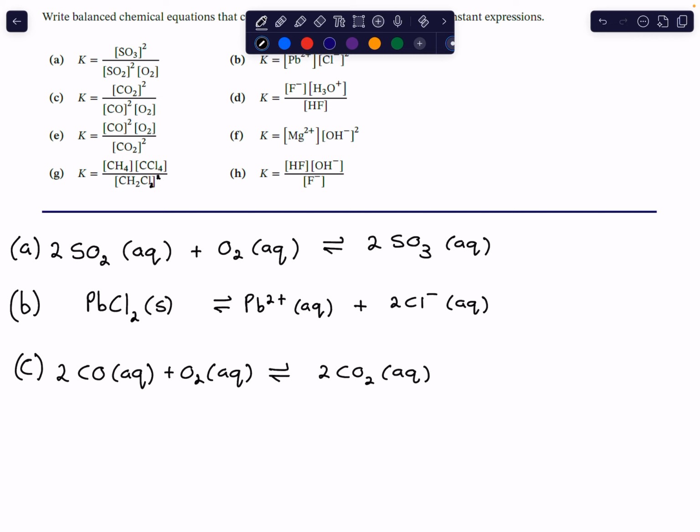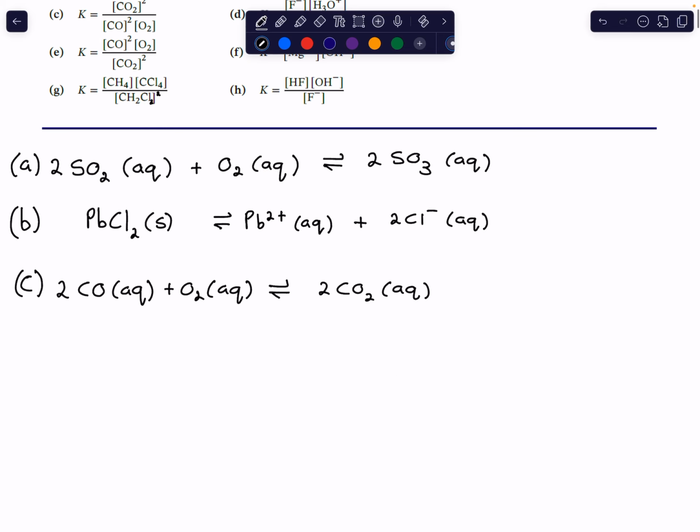Again, these are probably gases, carbon monoxide, oxygen, and carbon dioxide are all gases. But for the sake of this question, they're given in concentration form, so I'm going to leave them in aqueous form. We can check that our balancing is correct: 2 carbon, 2 carbon, 4 oxygen, 4 oxygen. So everything seems good to me. That's straightforward, just like A, we just write it down.